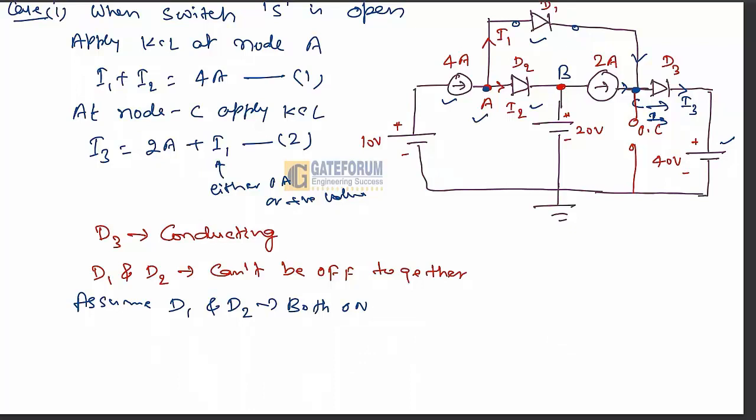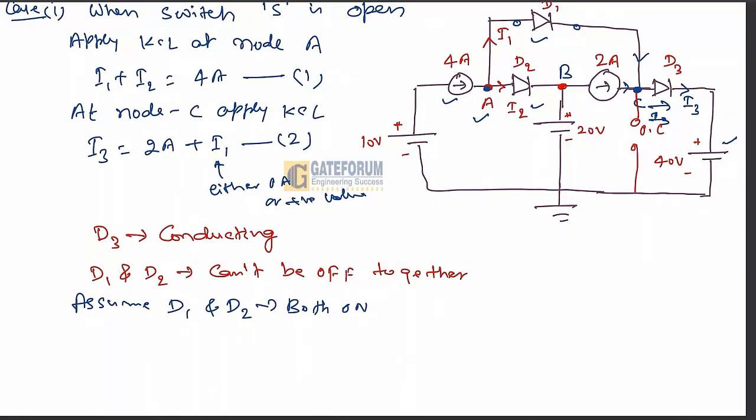And if D2 is conducting, then this will be short circuited, and at the same point this 20 volts would appear. So as per the KCL and KVL rule, we can say that at one node point, two different voltages are not possible. At one common node point, this 20 volt and 40 volt is not possible.